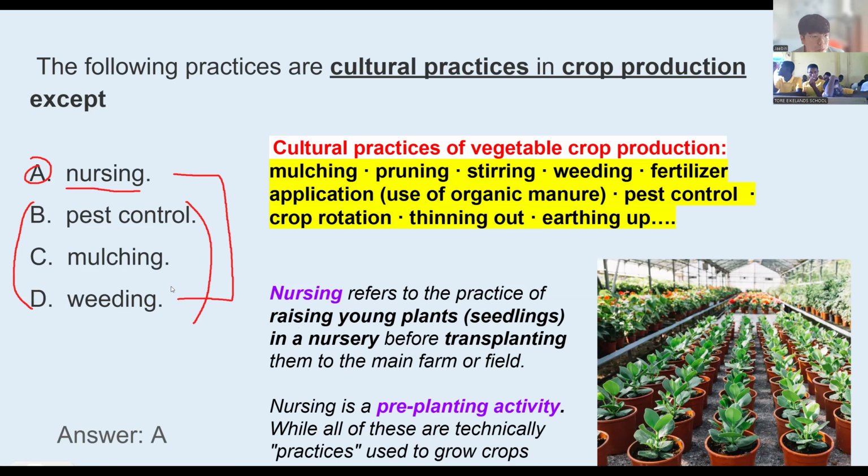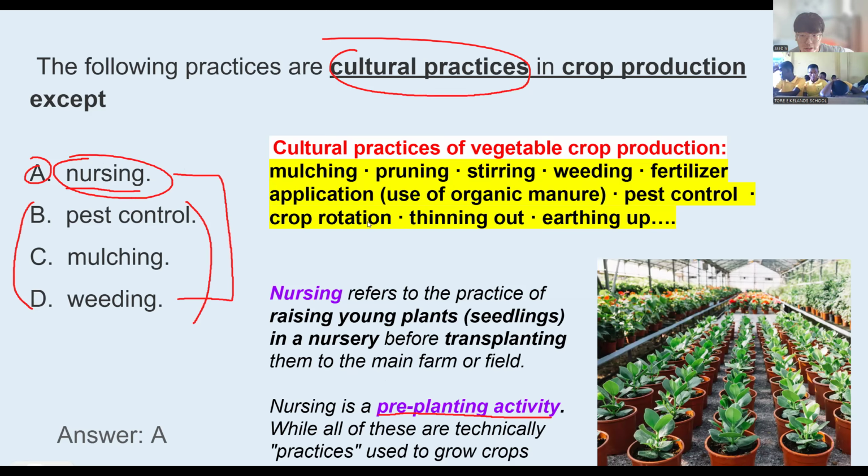Pest control, mulching, and weeding are practices that are used, but nursing is a pre-planting activity. Again, pest control, mulching, and weeding are cultural practices in crop production, but nursing is what is called a pre-planting activity. So that is why the answer is A for this one.